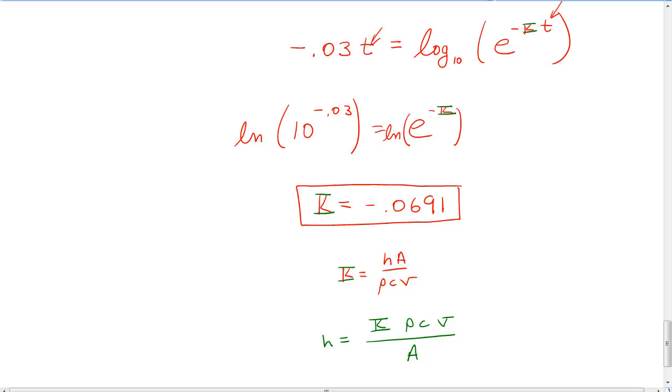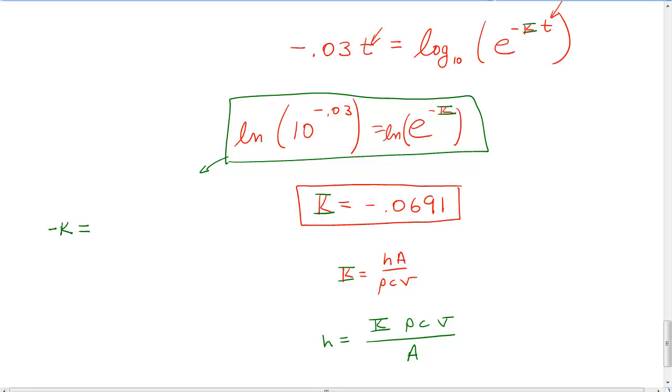Okay, now there's one other thing I should add here, looking real close at this equation, because if I extract this down, I'm going to get minus kappa is equal to the logarithm of base 10, or I could put a minus here.